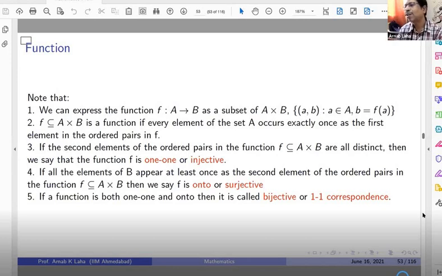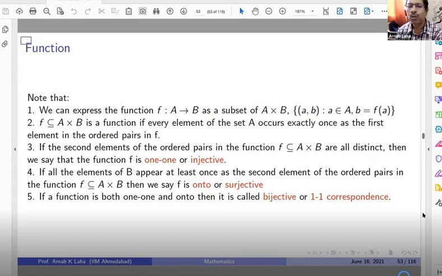So if you represent this as a subset of A cross B, then that subset will have the property that every element of A occurs exactly once as the first element in the ordered pair set.